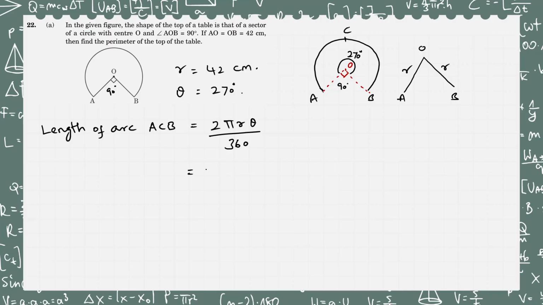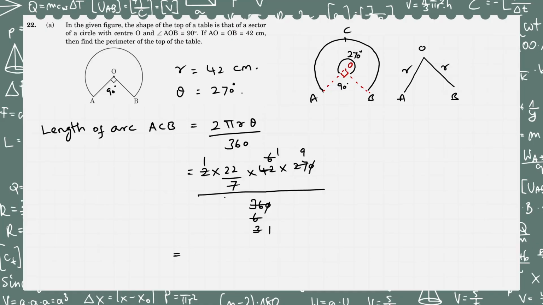Right? So this will become 2 into 22 by 7 into radius 42 and theta 270 degrees, whole divided by 360. Okay, so now if we cancel here, 7 6 times 42 and 1 0 we can cut here, and then 6 1 time 6, 6 are 36 and 2 and 6 we can cut, 2 1 time and 2 3 times, and 3 and 27 we can cut, so 3 1 time 3 9 times 27.